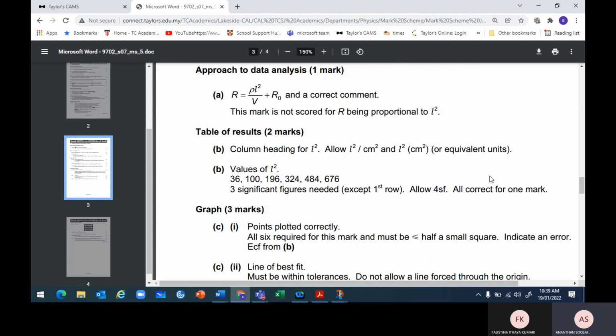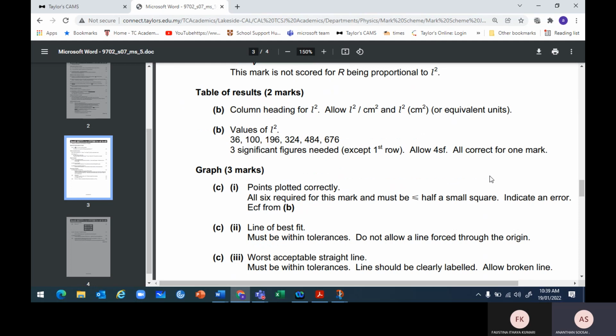L squared, get these values. Correct significant figure, right? Your first data is 2 significant figure, 36. Why 2? Your original data is 2 SF. What's your first L value?